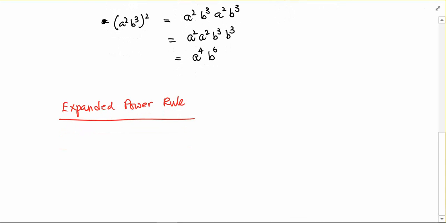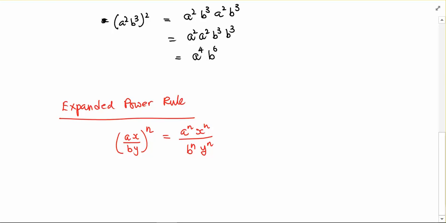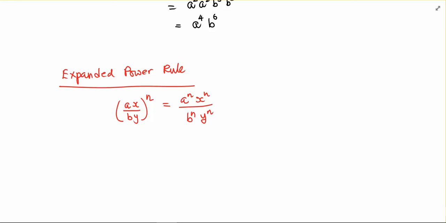This again pulls together both products and quotients and essentially says it doesn't matter whether you have a product or a quotient. You get this. So, example of this one.